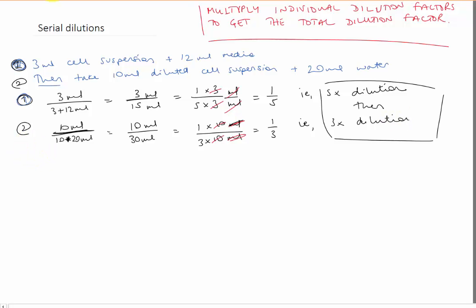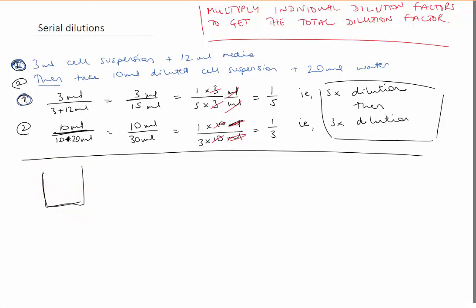Alright, so now I'm going to draw out what happens with the serial dilution, and I'm going to try and do it roughly to scale. So first of all, we have 3 mils of cell suspension and we dilute it 5 times with water. Okay, so this is a 1 in 5 dilution.